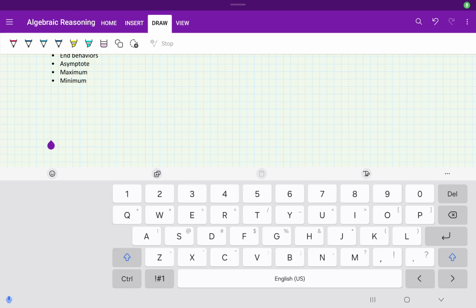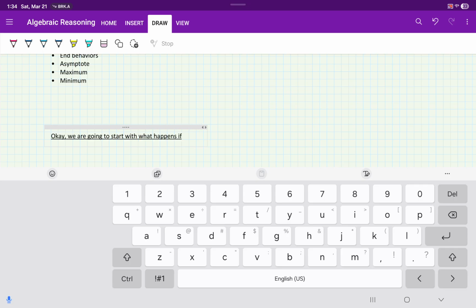Okay, we are going to start with what happens if we have an exponential function, which is in the form f of x equals a, parentheses, b raised to the x power.